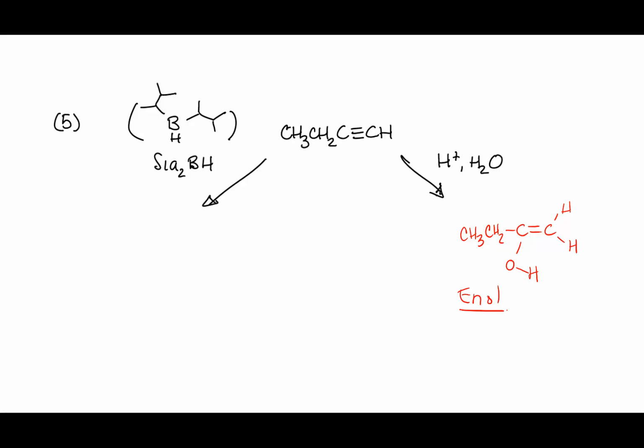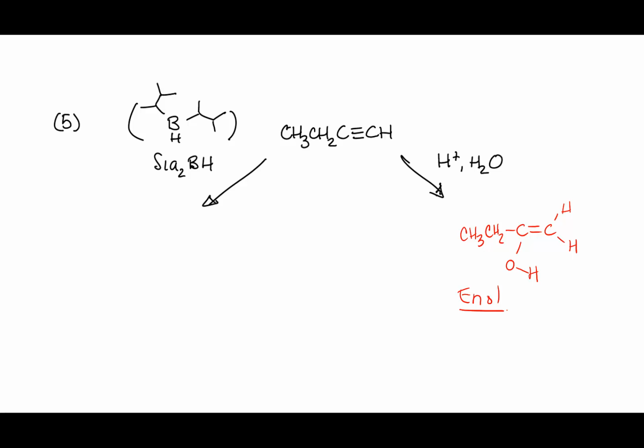You go on and take PChem lab, you'll study enols that are stable. But these run-of-the-mill enols like this are not very stable. And so what they do is they undergo a rearrangement reaction to form a ketone.